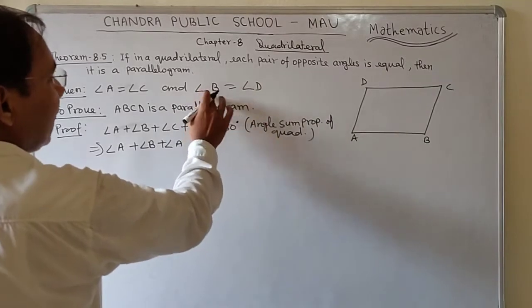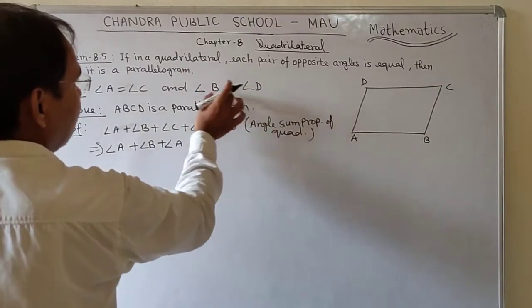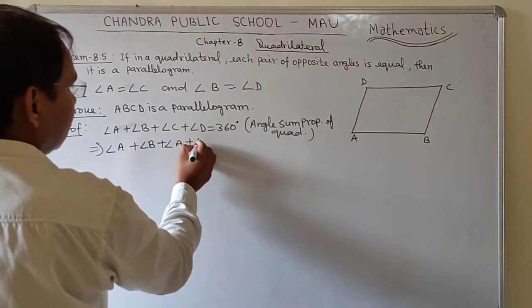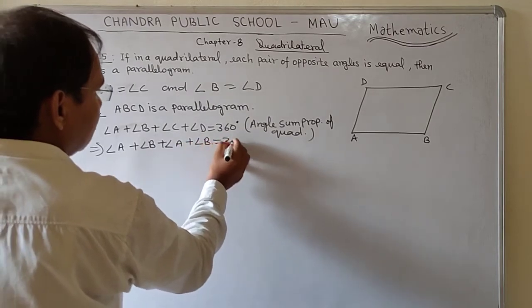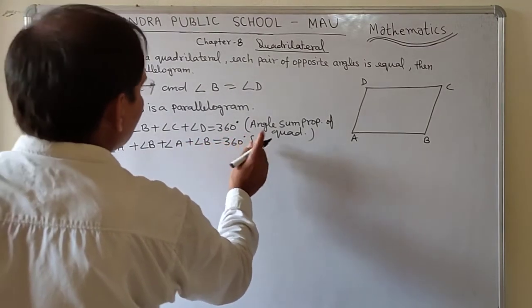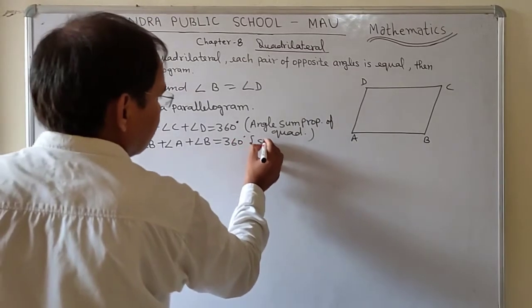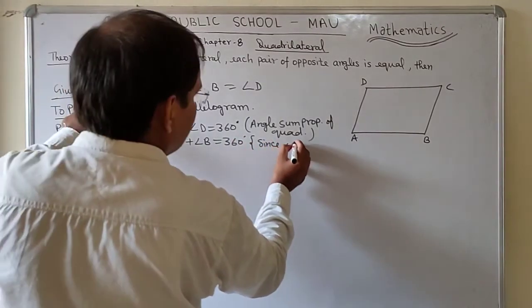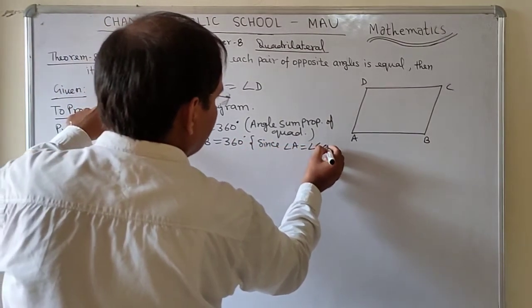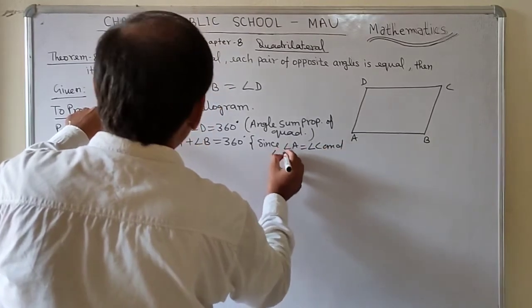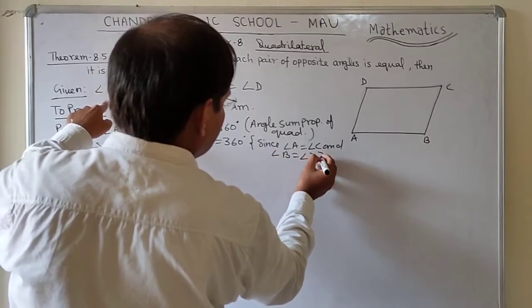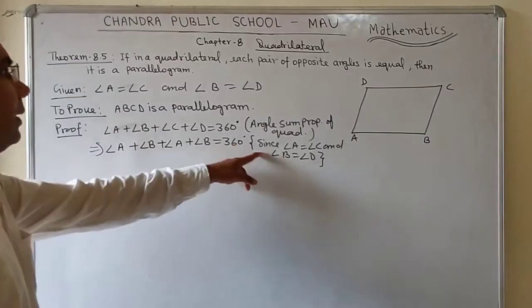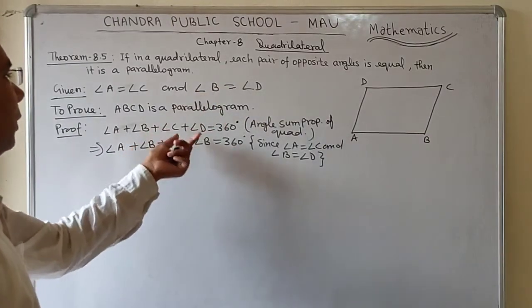Angle D and angle B are also equal. So at the place of angle D, we can write angle B. So here angle B, it is equal to 360 degrees. Reason, you can write: since angle A equals angle C and angle B equals angle D. It is given in the question. That's why you are going to replace it.